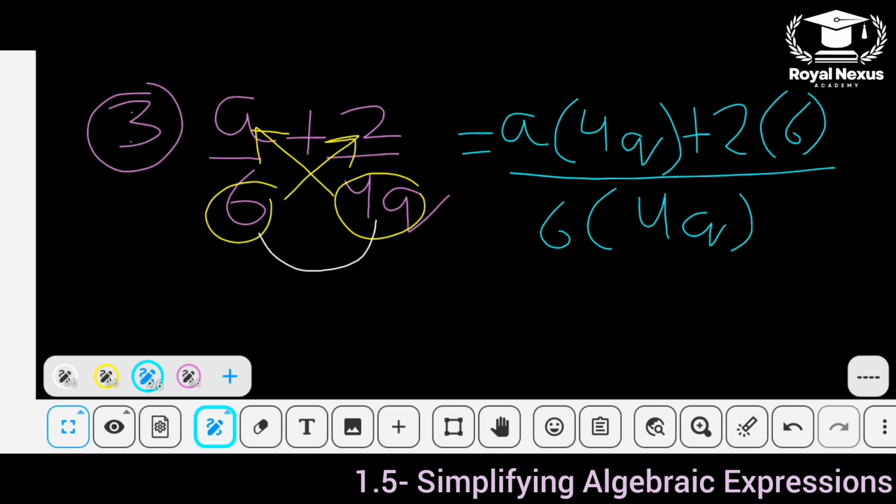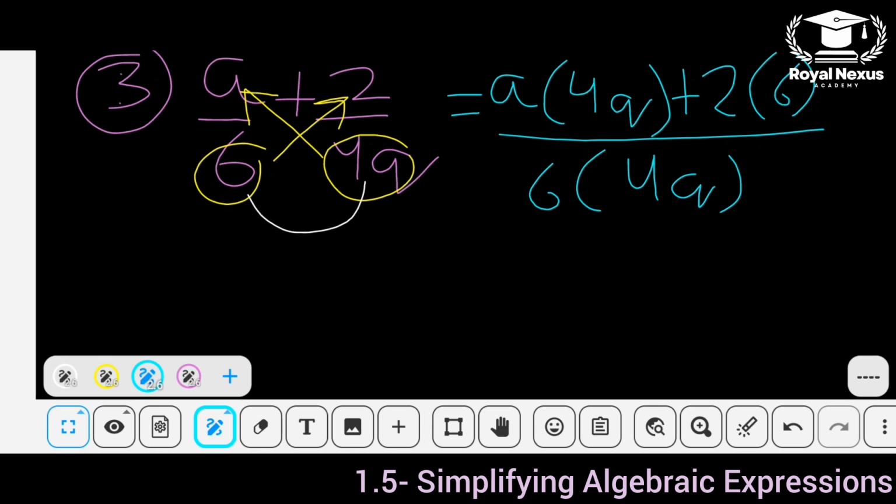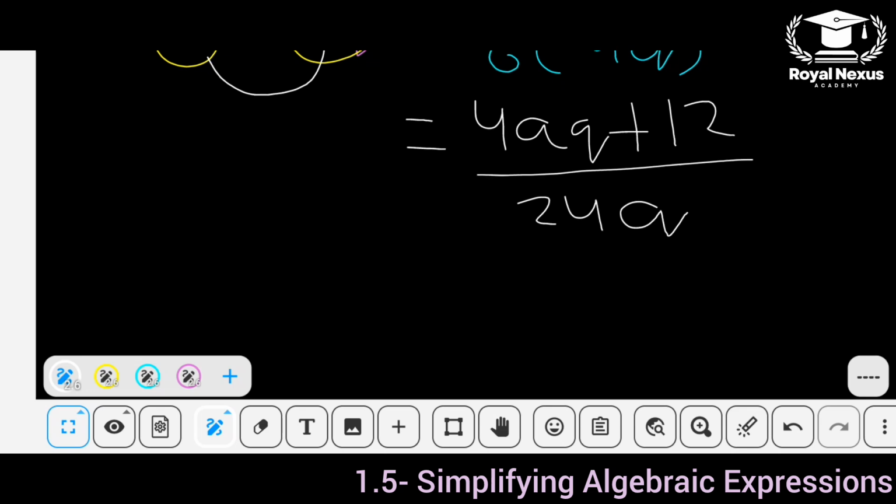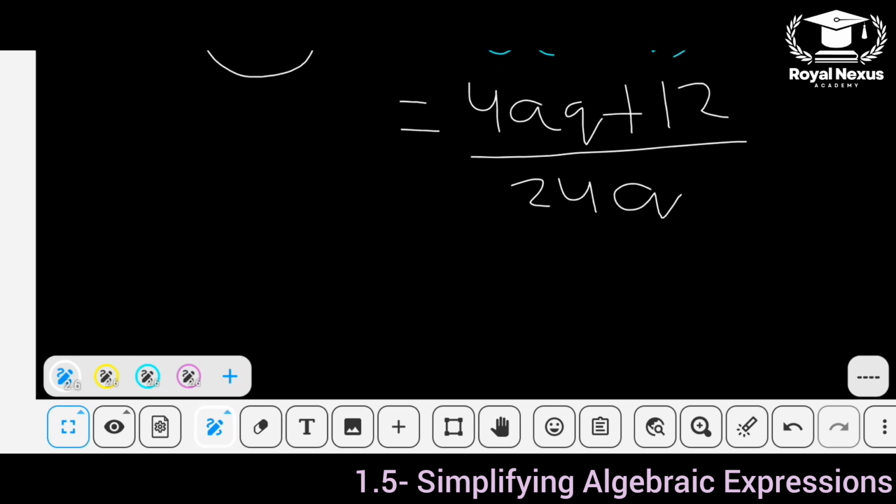Now we just need to simplify the numerator and denominator. So it will be a times 4q as 4aq, and 2 times 6 is 12, upon 6 times 4q is 24q. So now this expression can be further simplified.